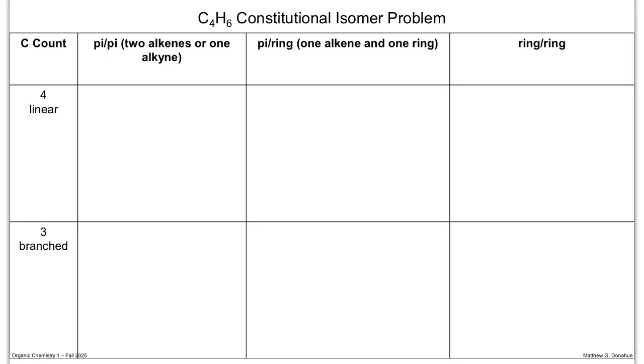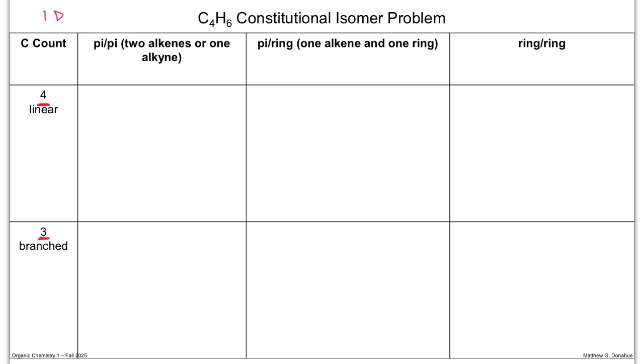So as I said, here is a table to sort of organize things. And it's arranged according to the carbon count. Sort of we're starting at 4, then we can break it down to 3. And then in the columns, notice the situation we're in.